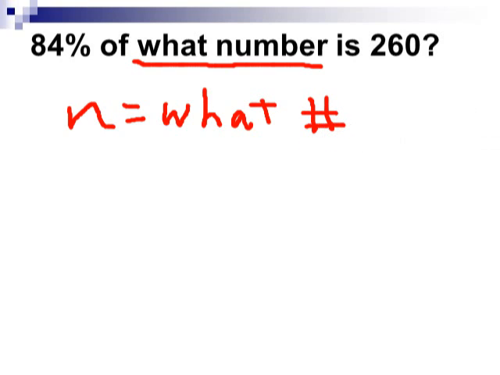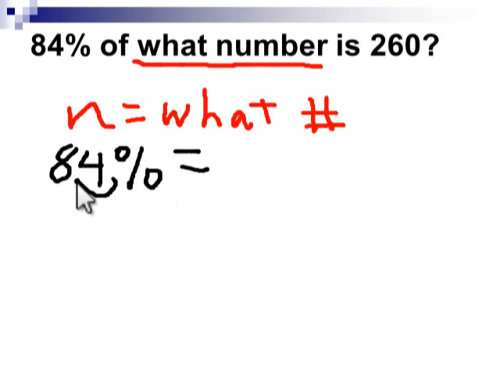Okay? So then, of course, we have to remember that we need to change 84% into a decimal. So you don't have to do this separately. I'm just writing it out separately so you can see where it is. So we'll move the decimal point 2 places to the left from where it is in the problem. So that means we're going to get 0.84. And lastly, we need to look at the words in the problem.